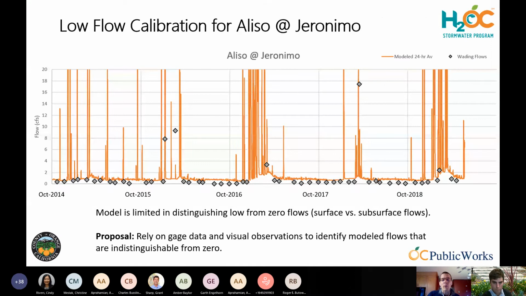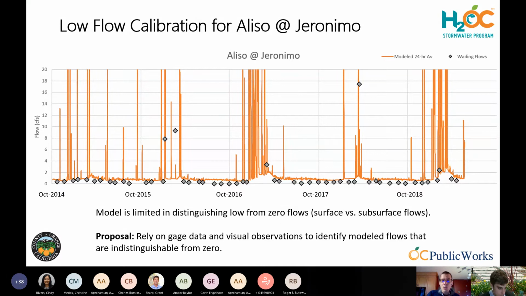Everything I've said before was at the STP gauge, the sewage treatment plant gauge, in Lower Aliso Creek. There's another gauge. It's the one at Geronimo Road, and this is our performance there. The model is having a little trouble getting to really low flows that are on the order of like 0.4 CFS or lower sometimes.